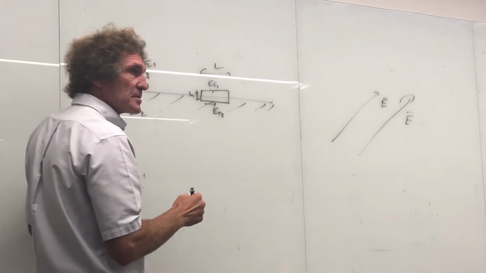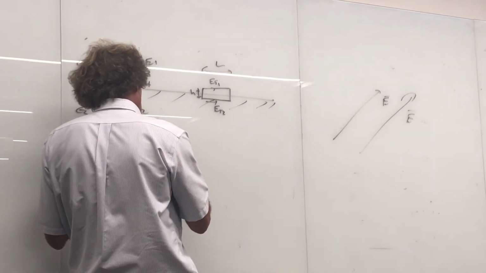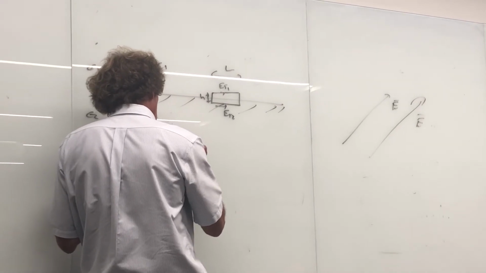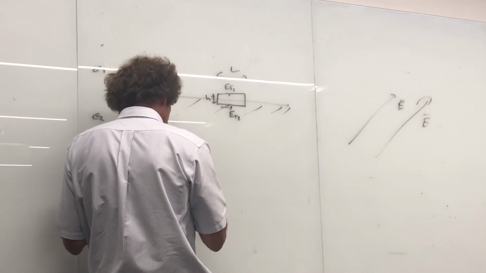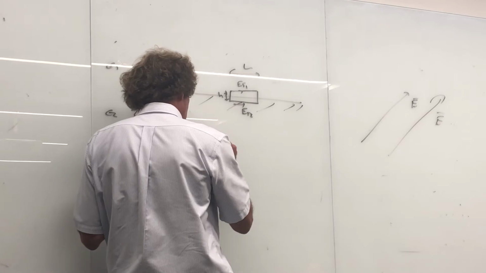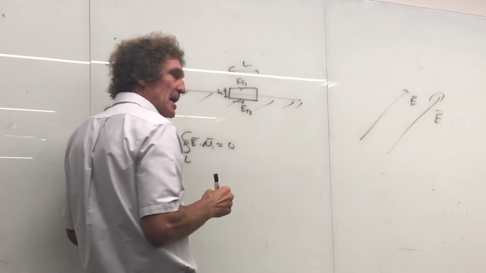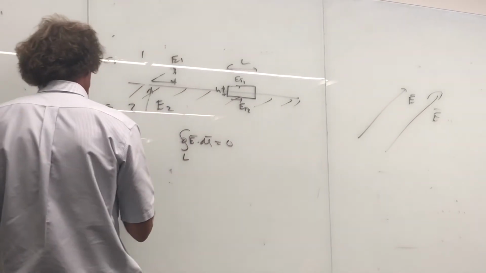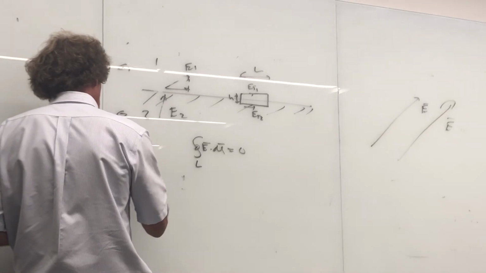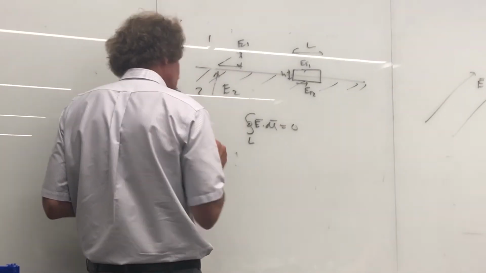Now, here's the thing. If I integrate the E field over any closed loop, E dot dl, I get 0 for electrostatics, and let me show you why. You know that the E field is equal to minus the gradient of the potential V, correct?